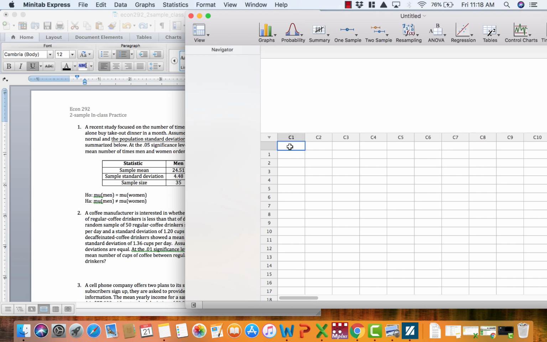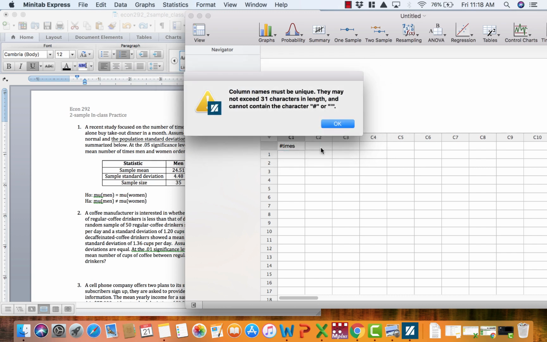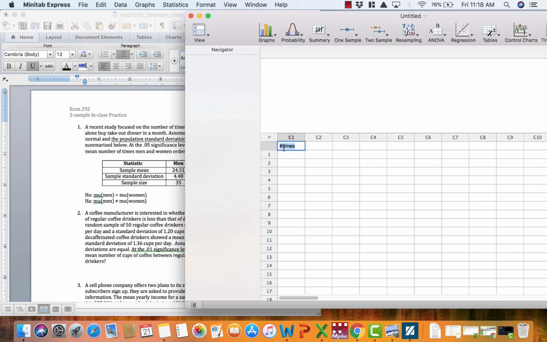That would look like something where you have number of times eating out. It's going to say times out and gender. And so maybe for some guy, he eats out 18 times. There's another guy that eats out 25 times.